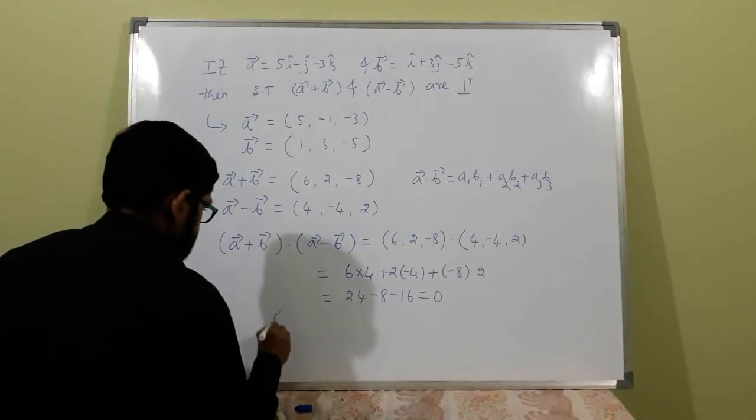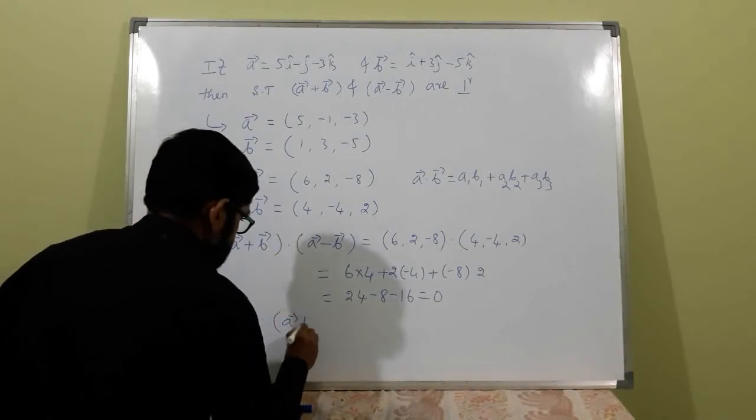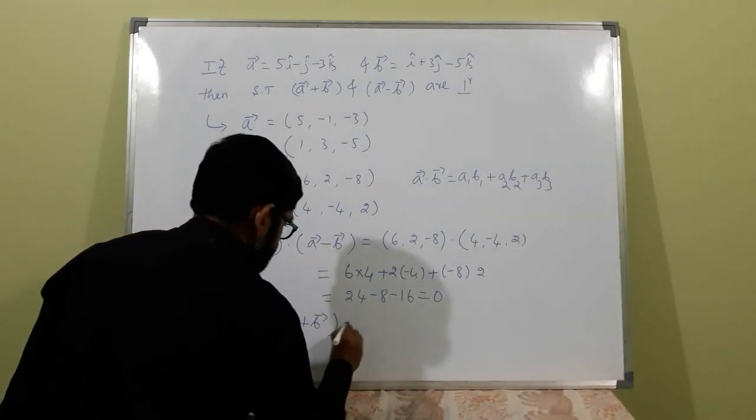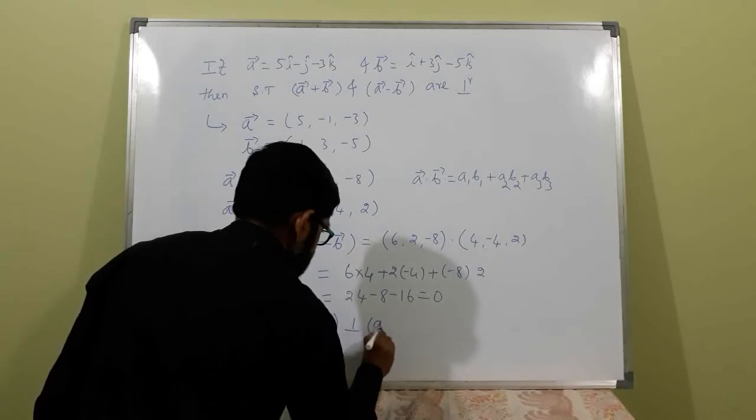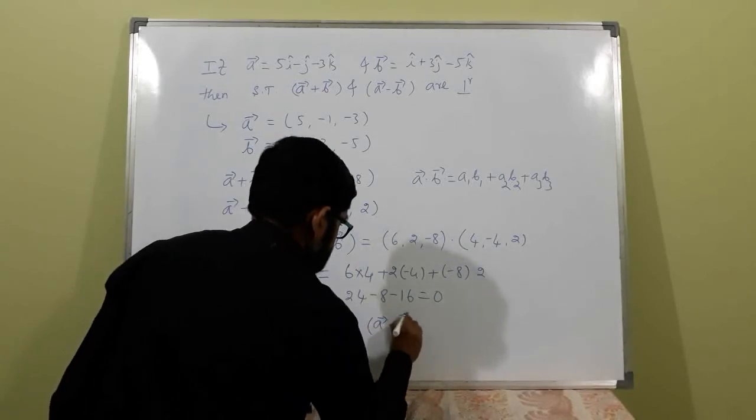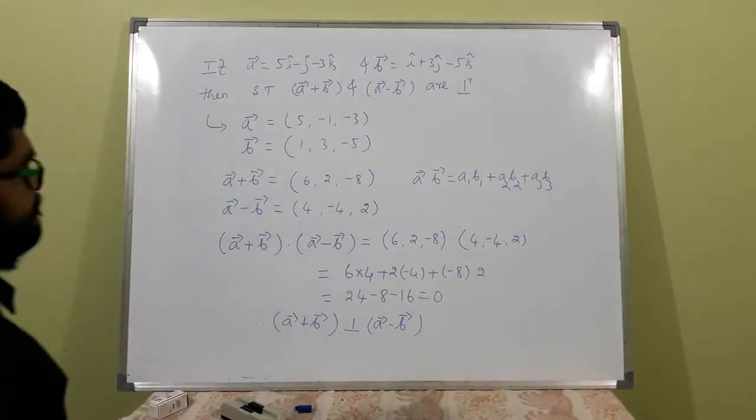Therefore, A plus B is perpendicular to A minus B.